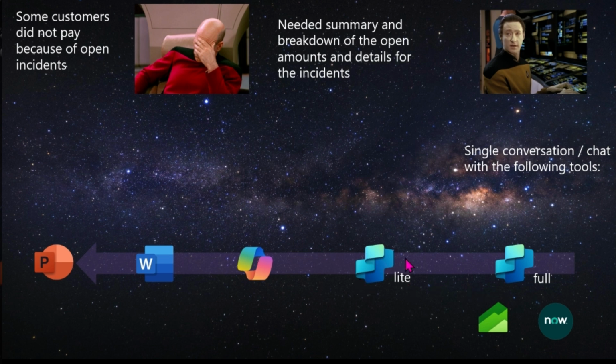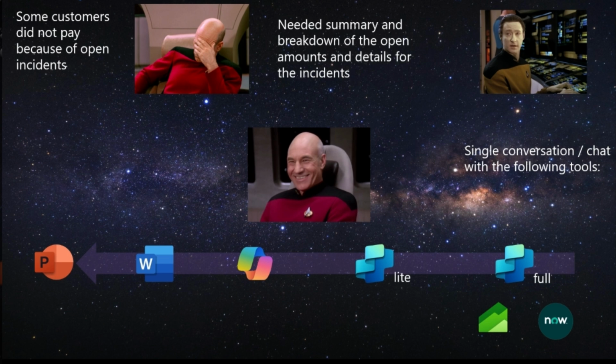Then we used this lite agent to verify results, to draw the 10-year-old picture. Then we used here Copilot to draw the picture of the 15-year-old and get some other questions answered. Then we integrated the whole thing in Word and finally in PowerPoint, and all of that in a single chat conversation. So that's it, what I wanted to share with you.